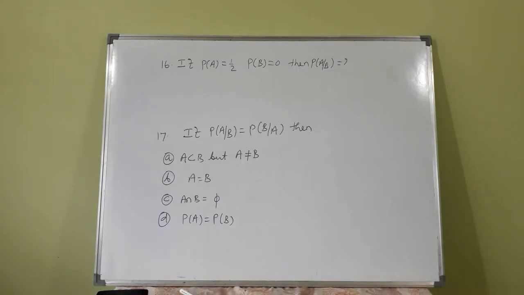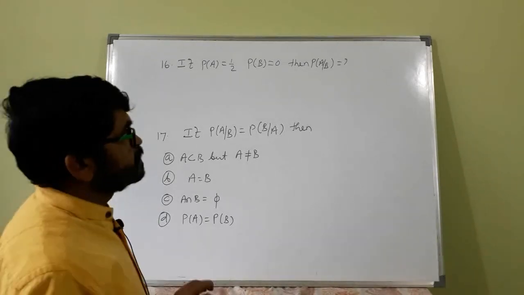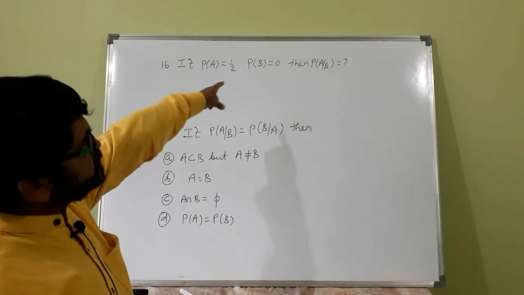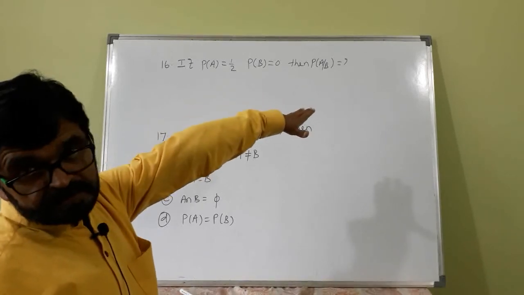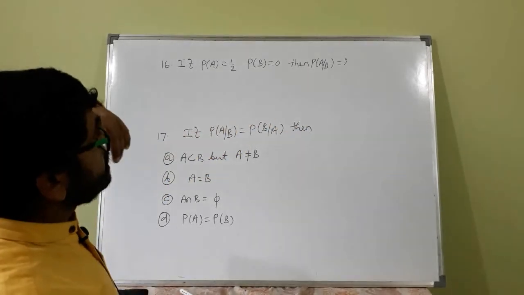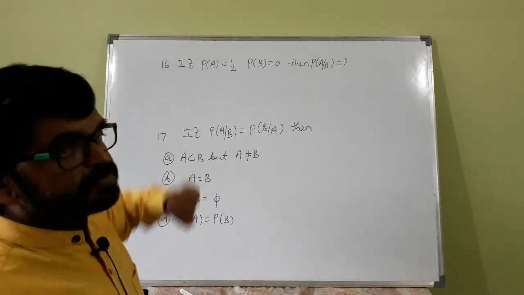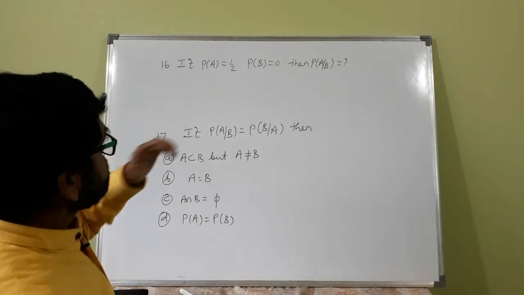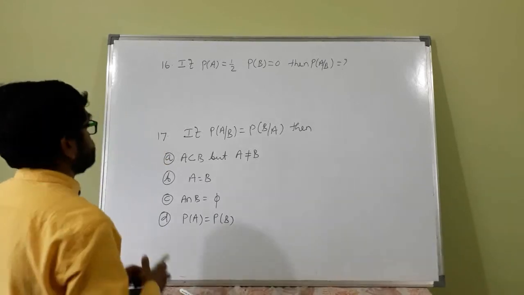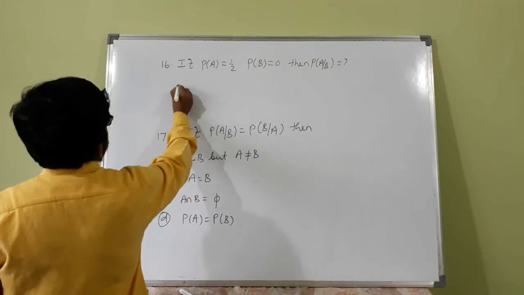Sixteenth one: if probability of A is half, probability of B is 0, then what is probability of A given B? Probability of A given B is probability of A intersection B over probability of B, so the denominator has probability of B. Whenever it is 0, it is not defined. There are 4 options given, I did not write them. The answer is not defined.